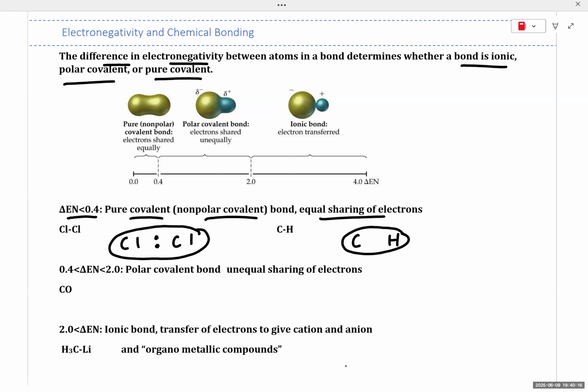When the difference of electronegativity starts to get greater than 0.4 and less than 2, you end up with a polar covalent bond, which is an unequal sharing of electrons. So if we think about the carbon-oxygen bond, oxygen is far more electronegative than carbon. And as such, most of the electron density is going to be allocated and surrounding the more electronegative oxygen atom. More of that bonding electron density is going to be held around oxygen. What that means is that oxygen has more electron density.